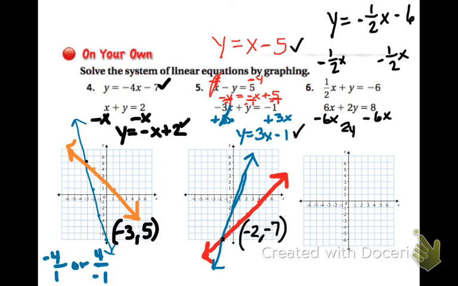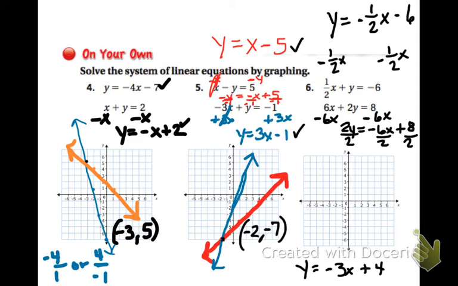So 2y is equal to -6x plus 8. Then I want to divide everything by 2. So that equation, I'll put it at the bottom, y would be equal to -6x divided by 2 is -3x, and 8 divided by 2 is 4. So here are my two equations that I can graph.